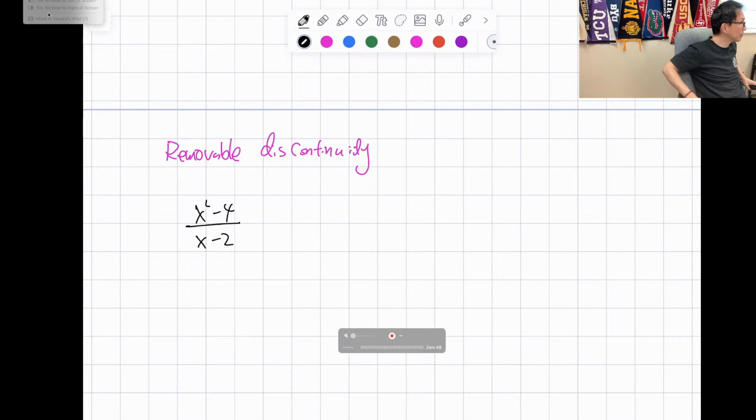Could it be, because you can factor it to make it x plus 2, just a linear function, like a line going through? Possibly. Anybody else?